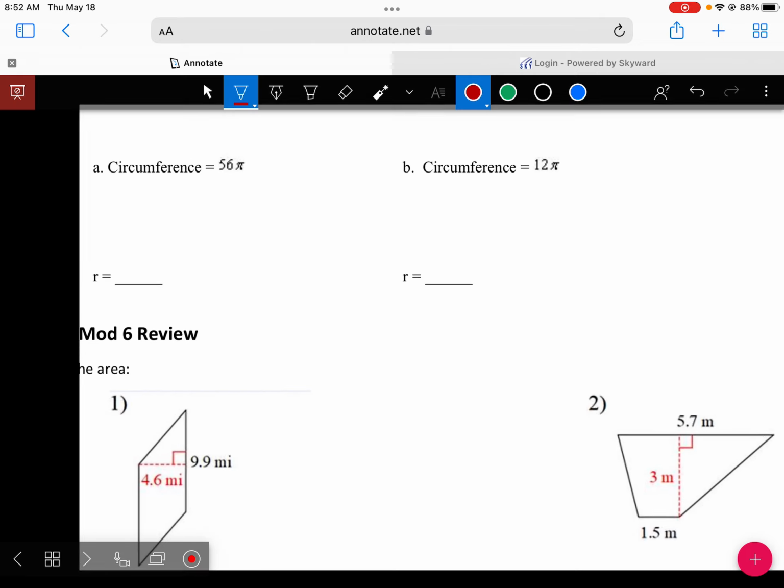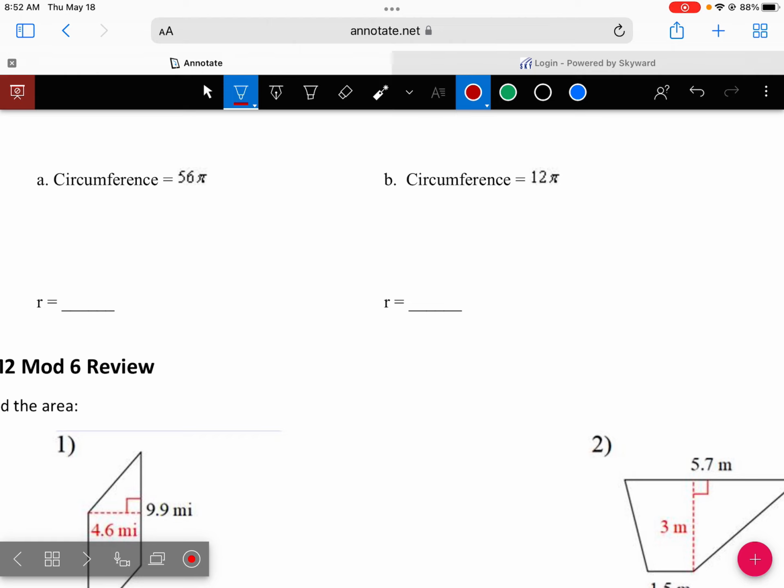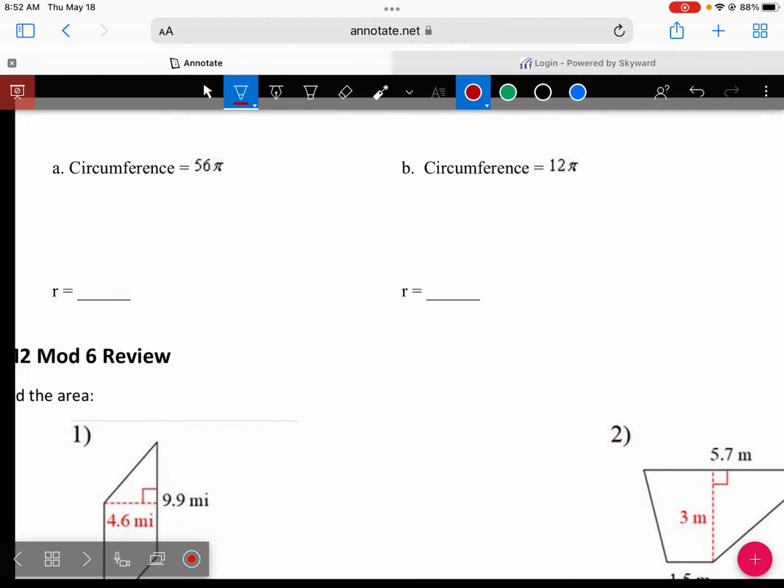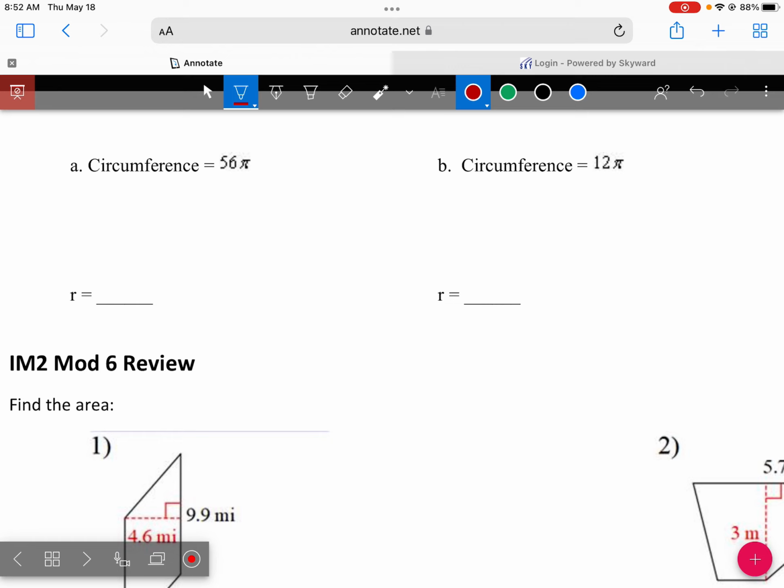Let's see. Did we do the top of the next one? The circumference 56 pi? No. All right, let's do that really quickly. So, circumference, C, is, what is the formula for circumference? 2 pi r. Now, they tell you circumference is 56 pi. Make sure you put that in place of the C. So, 56 pi is equal to 2 pi r.